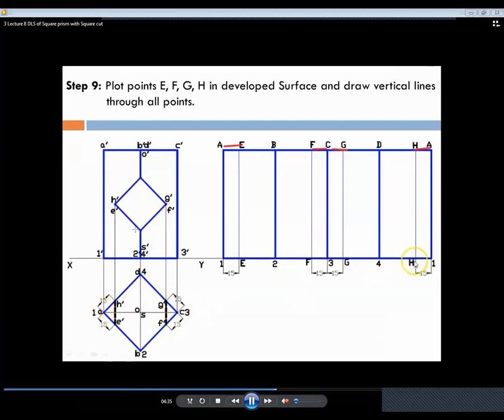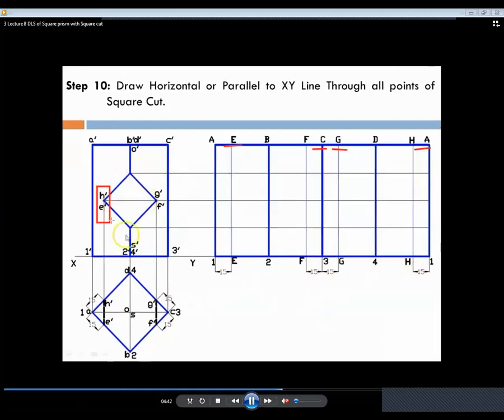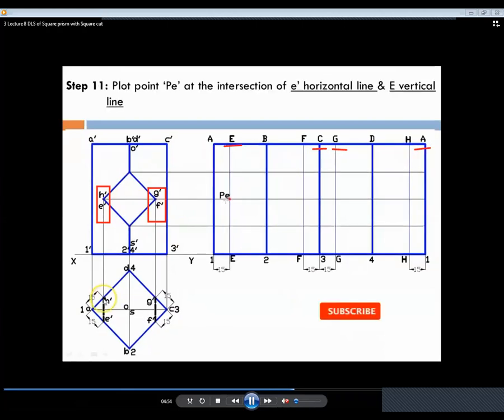Now you have to mark the points in front view, this H dash, E dash, G dash, F dash, all these points on this development, and only then will you get the exact development of this square prism with the effect of the square hole.